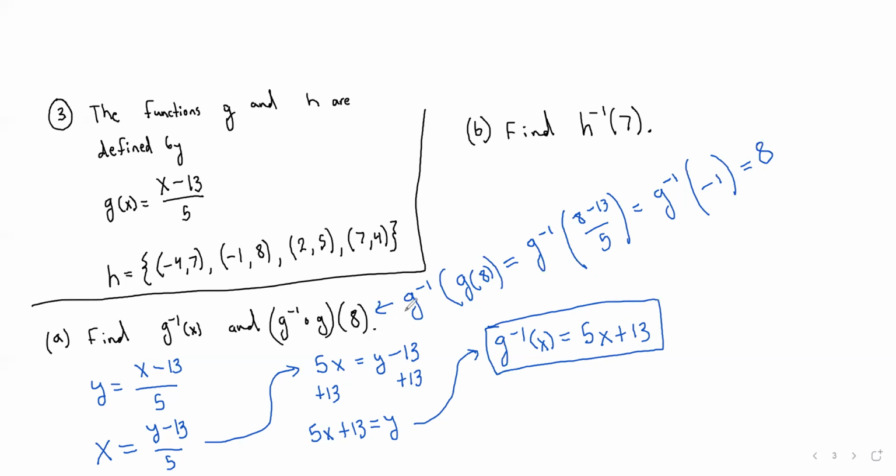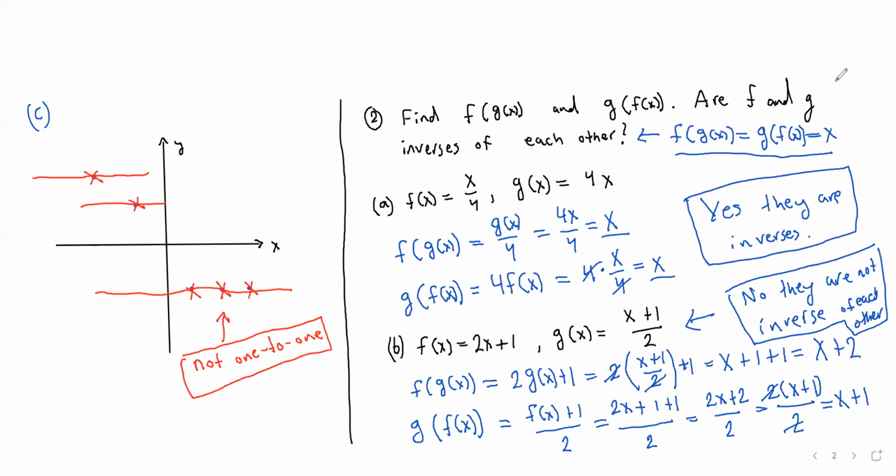And actually, you don't even need to go through all of this, because we know that g inverse is the inverse of g. We can use the rule over here that if f and g are inverses of each other, then f of g of x is just x.